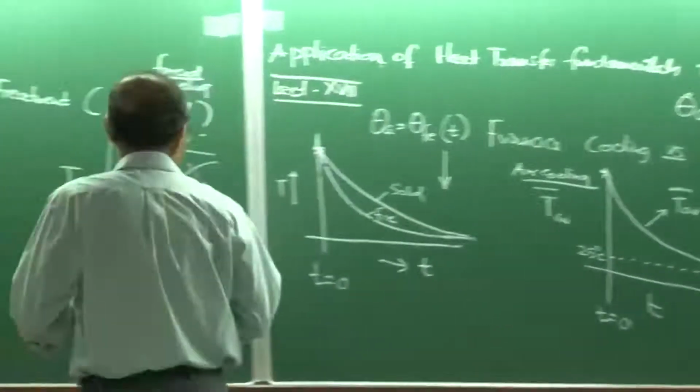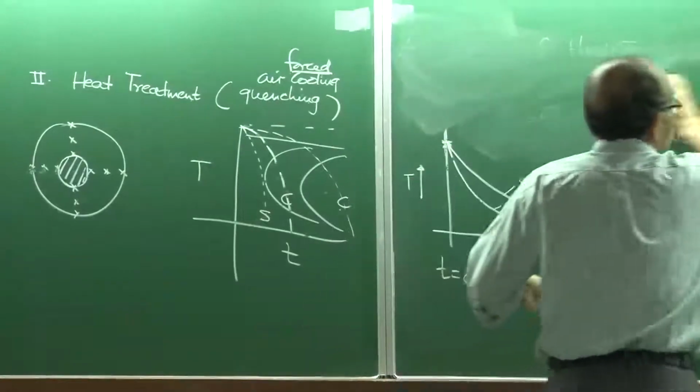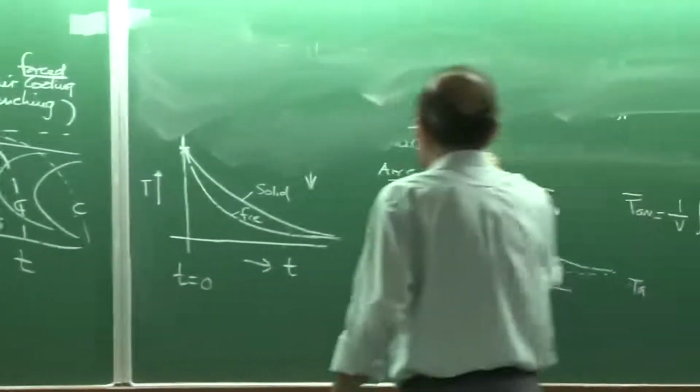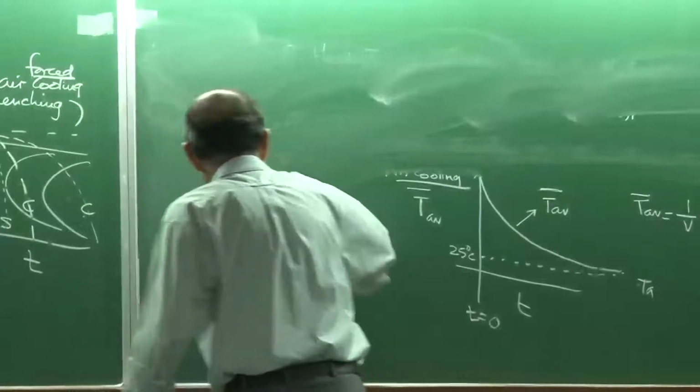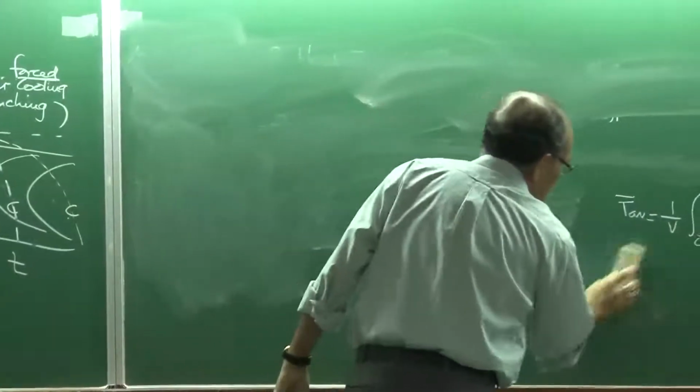The next topic I want to do is melting, which is also a very similar kind of operation, but there is a phase change now involved. So it's a little bit complex.